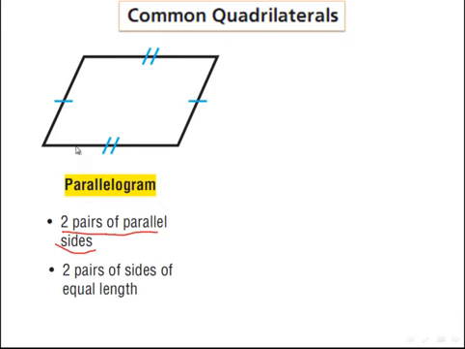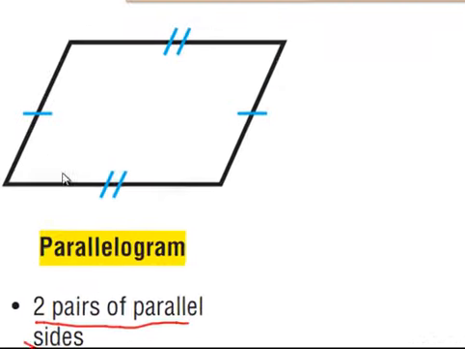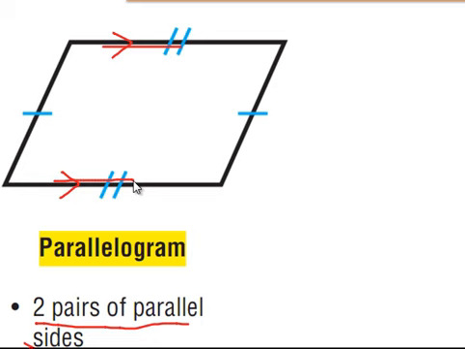I didn't understand. Yeah, I'm gonna tell you. The first pair of parallel sides, up and down. Can you see all of these sides? They are walking to the same side together. They are parallel. This is the first pair of parallel sides.